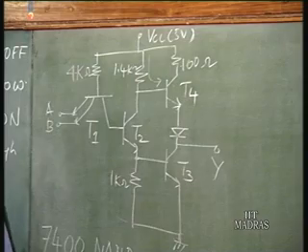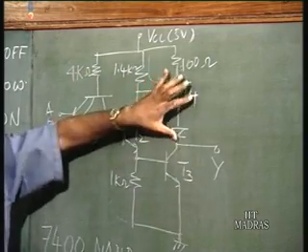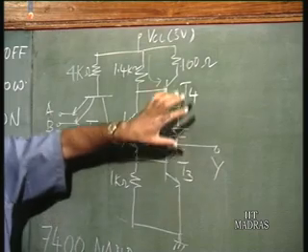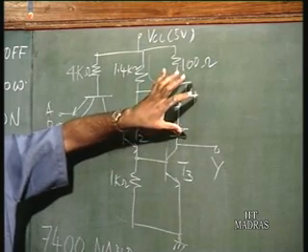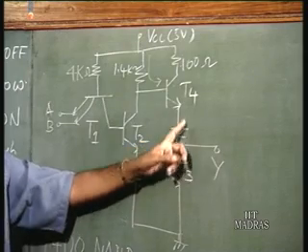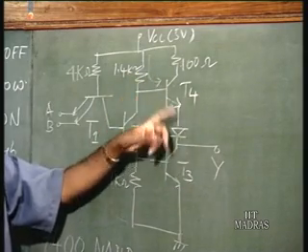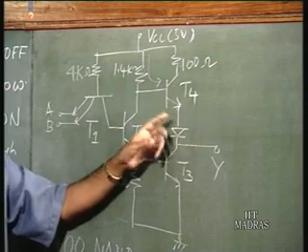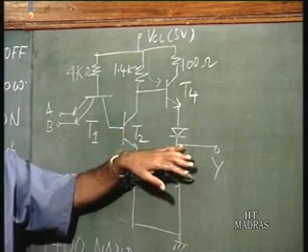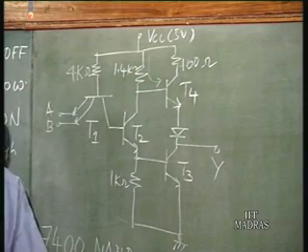We shall see what exact values later. So when T3 is off, T4 is on. The resistance seen at this output end is the base resistance divided by beta of this transistor. You know how you reflect the base resistance onto the emitter side. So that is going to be a low resistance.